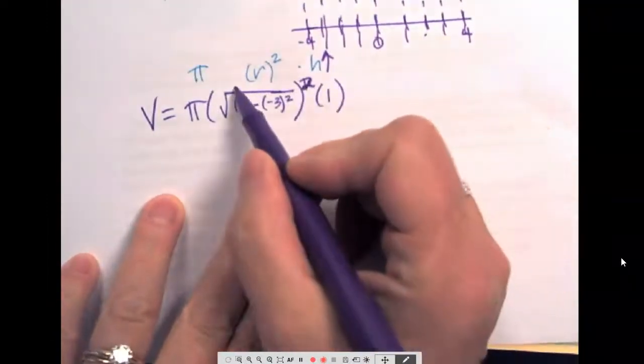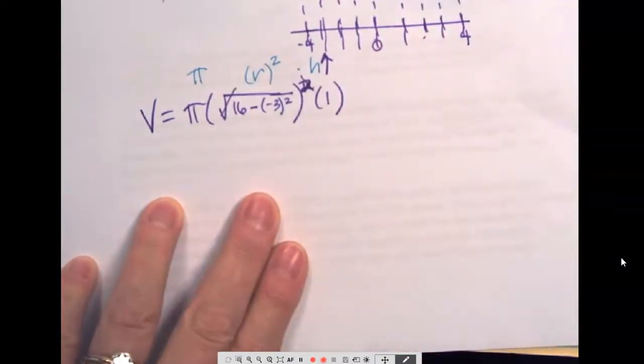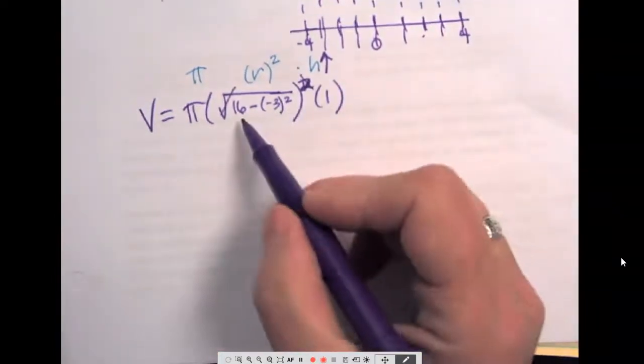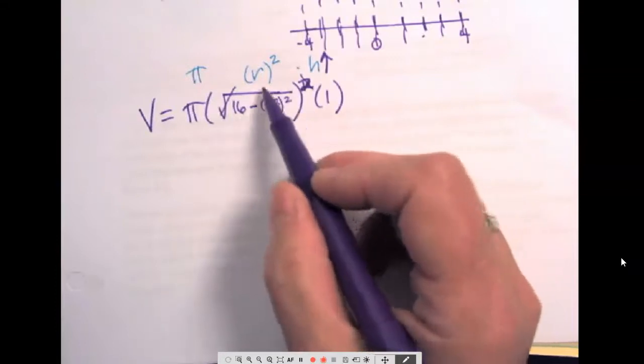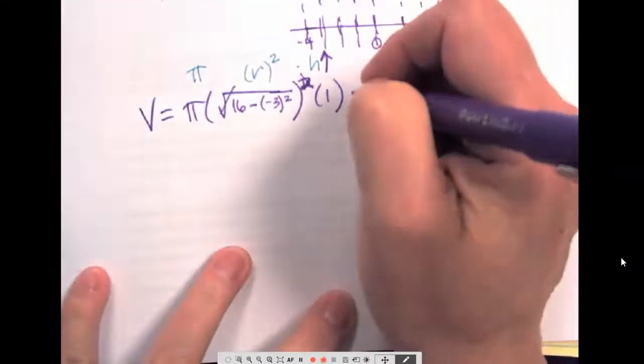Okay, so the square root and the square, that's just going to cancel, right? So what is 16 minus 9? 7. So that's really just going to become 7. But I'll change it in the next step.